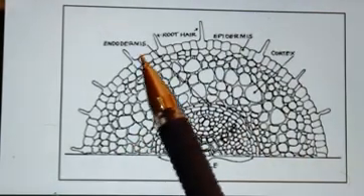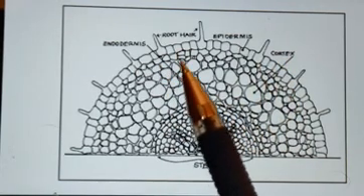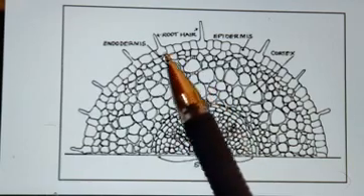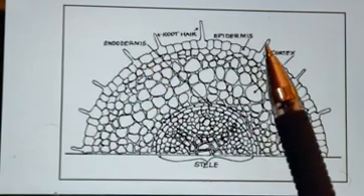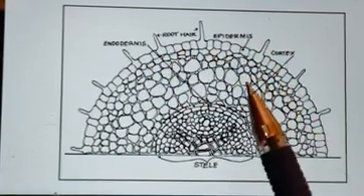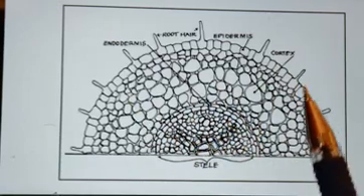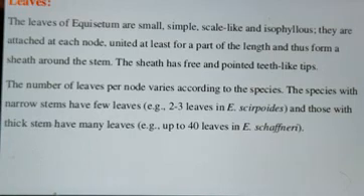Root hairs may be present or may not be present. In this situation, root hairs are present. This is the root hair present in the epidermal layer, then cortex and the endodermis. So this is the TS of root of the equisetum.